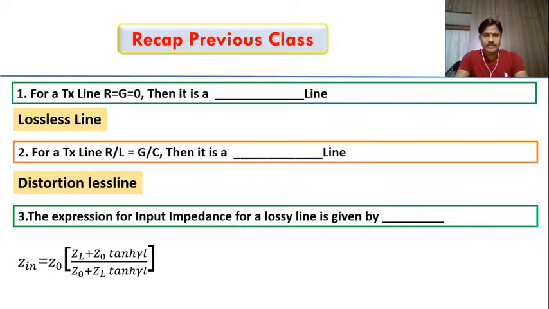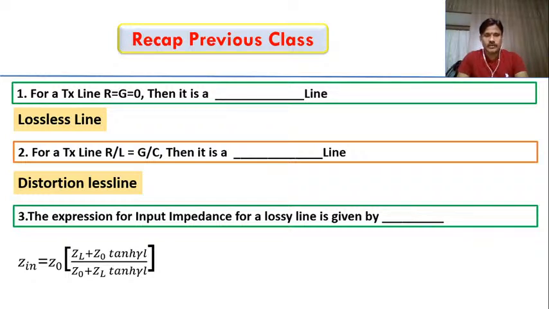So here observe, Zin equals Z0 into something, and that something has both numerator and denominator. In the numerator, first we already have Z0 into, so the other term automatically comes into picture, that other term is ZL. So plus Z0 into tanh gamma L divided by Z0 plus ZL tanh gamma L. So in the denominator just interchange Z0 and ZL, and the tan hyperbolic function will come as it is.